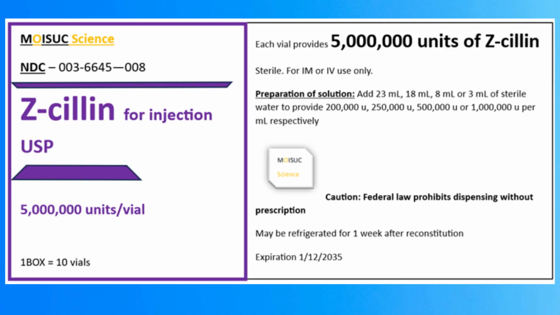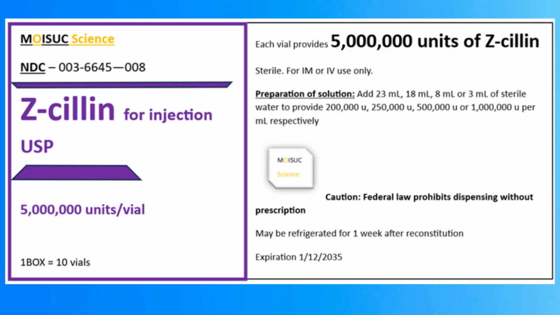So if I am adding 23 milliliters, I am getting 200,000 units per milliliter. If I'm adding 18 milliliters of sterile water, I'm going to result in 250,000 units per milliliter.